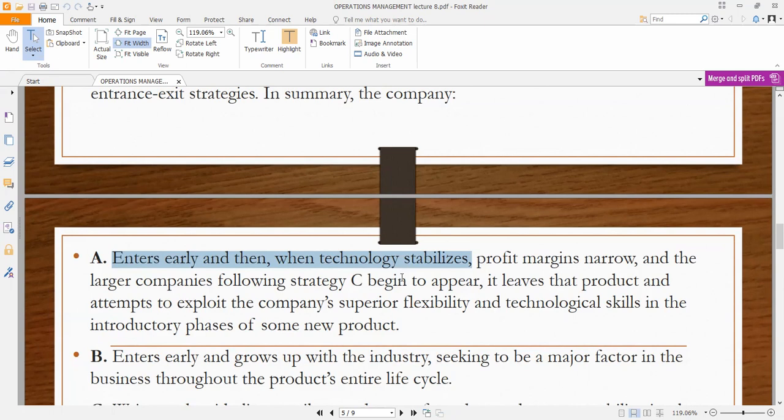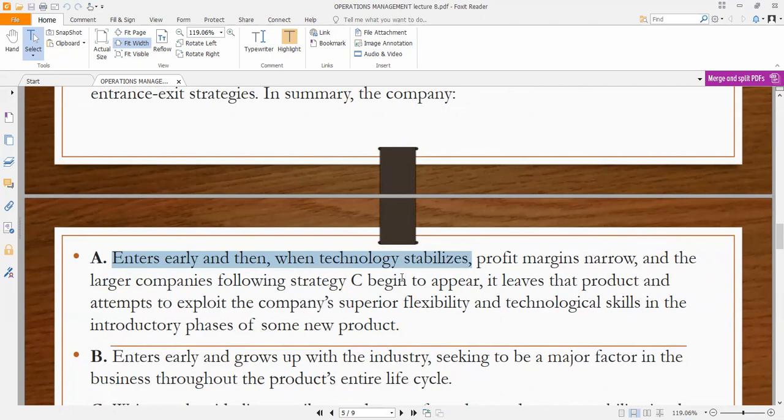Now, as technology stabilizes, meaning that as more producers are getting attracted, they are going to start finding ways of getting into the tomato market. And as more producers are getting into the market, the profit will be shared.